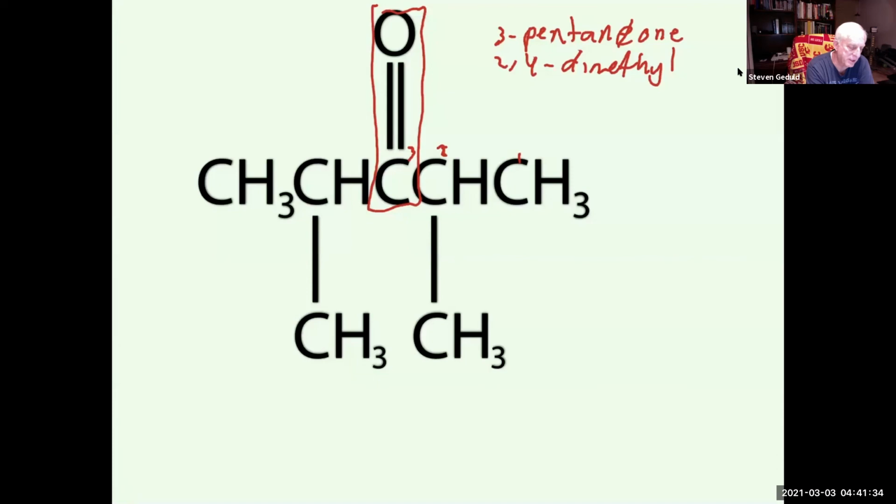So to name this thing, we put 2,4-dimethyl, 3-pentanone. It's a ketone, 5 carbons, 3 positions. There's a carbonyl group. At 2 and 4, there are 2 methyl groups. That's it. 2,4-dimethyl, 3-pentanone.